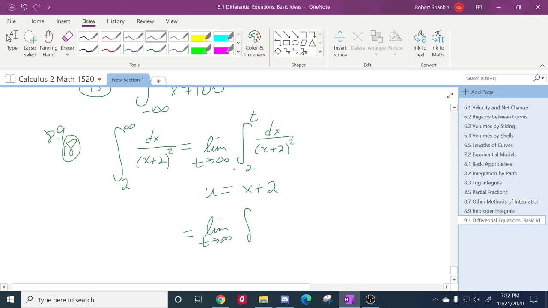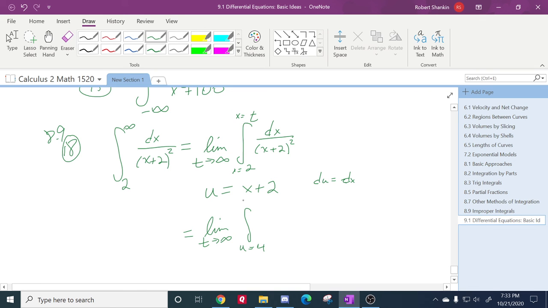Now these were x equals. By the way, du dx is 1, so du is equal to dx. And this will be u equals 2 plus 2 is 4.